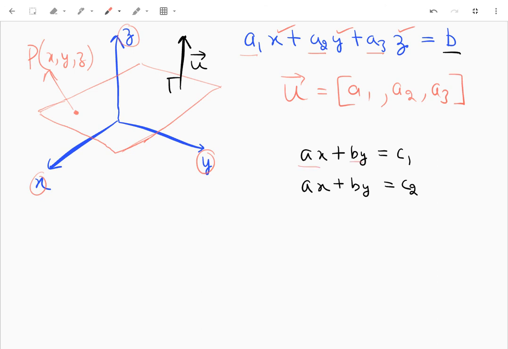This part is the same, and these differ. Similarly, the same is the function of b here. If we were to find a plane parallel to this, then all of these values will remain the same, and the thing that will change will be the value of b.